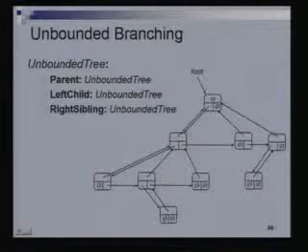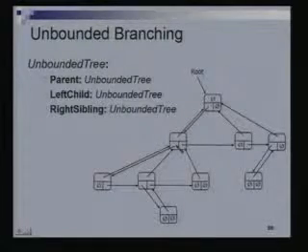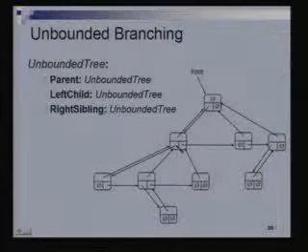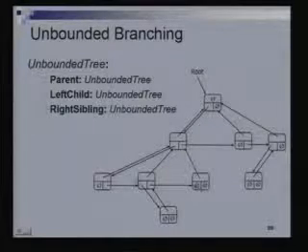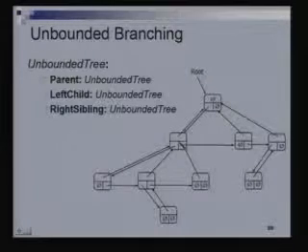So the way to do it is that you have a reference to one of the children only, right? And then all the children are in a linked list. Okay, and each child will have a reference to the parent. So all of these children would be pointing to this node.